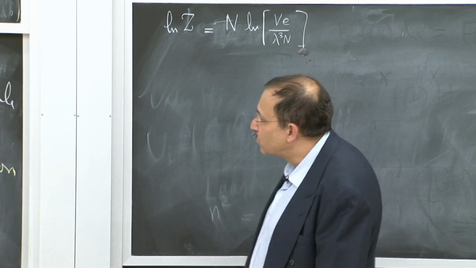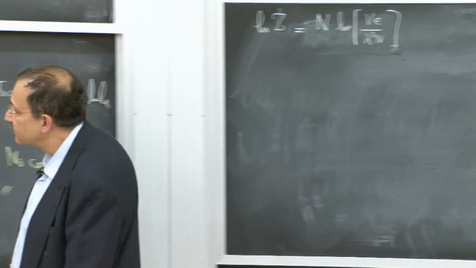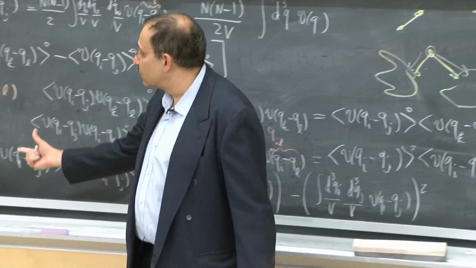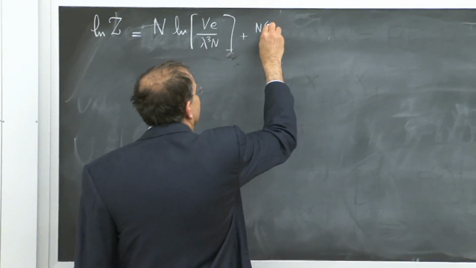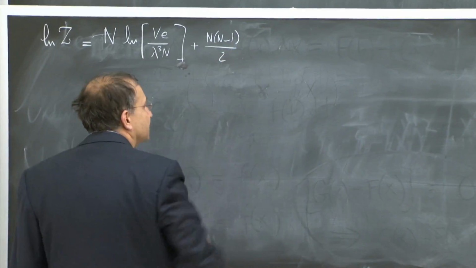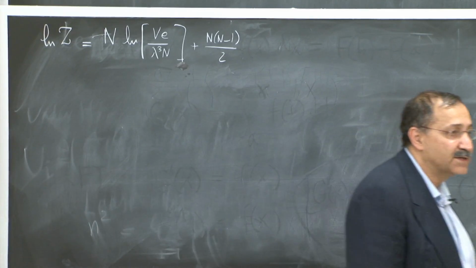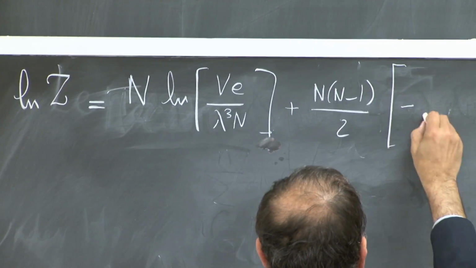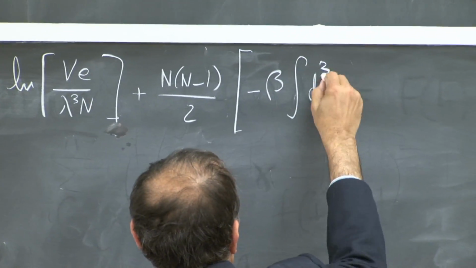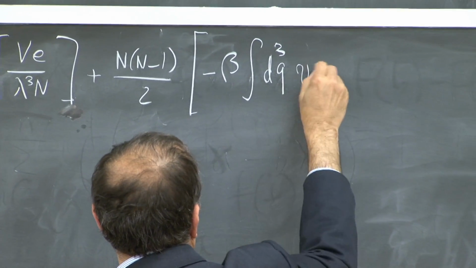Note that both of the terms that have survived correspond to looking at one pair. So the corrections will be of the order of n minus 1 over 2, because in both cases I really look at one pair. The first contribution was minus beta integral d cubed q v of q.